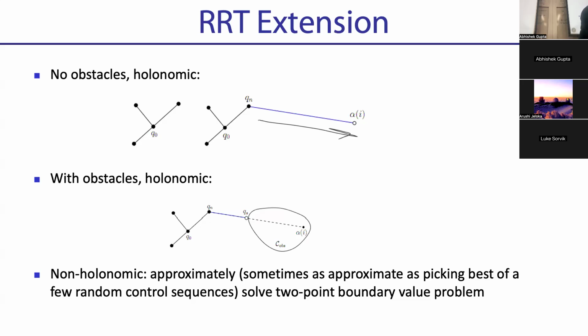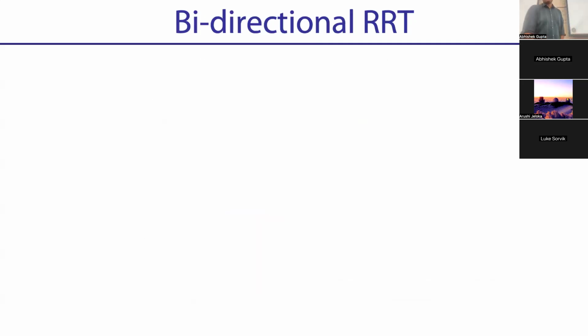For instance, you're trying to get from here to here, there's an obstacle here, you stop right over here. Or if you're trying to get from here to here and your best paths are like this, you choose the best one, right? And so you're reducing the burden of perfect solving on the algorithm. And so that's what makes it nice.